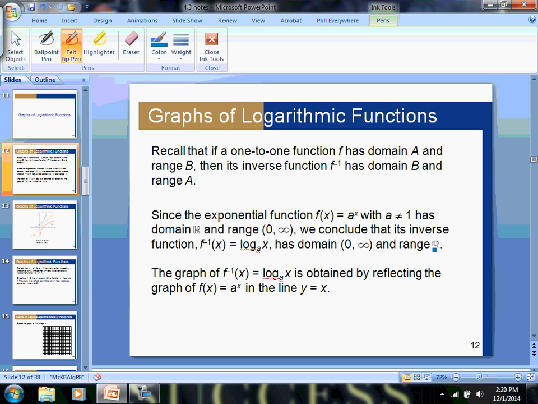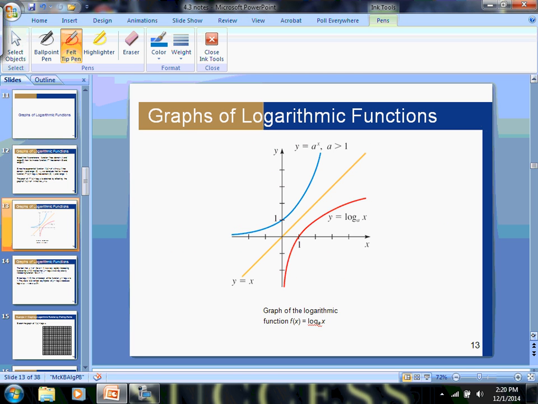And if we graph an exponential function and its inverse, here's the logarithmic function. If we graph them, they have a characteristic where they reflect around the line y equals x. And again, that's a really important equation in math. A lot of things reflect about that line. And hopefully you also notice that the exponential function is growing rapidly, but the logarithmic function is growing slowly.